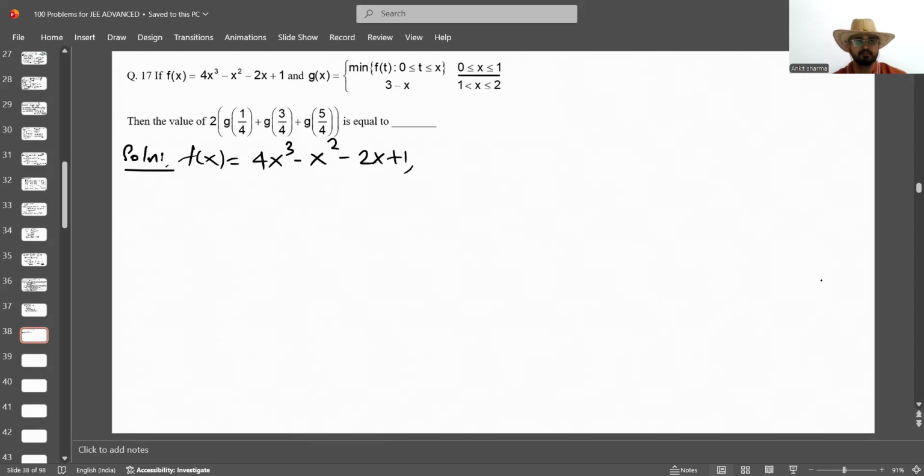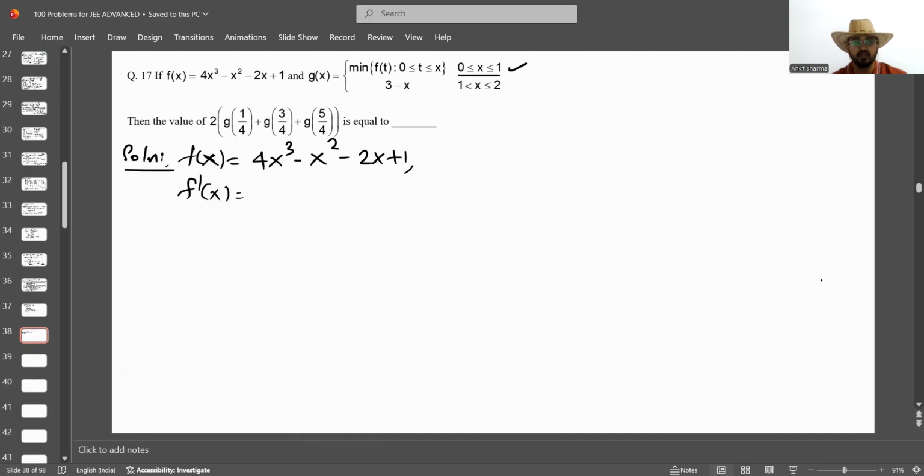So basically, I need the behavior of this f of x in this interval. So we have to see the minimum of this function, the point where the minimum occurs, whether it lies in this domain. If it is lying in this domain, then we will go ahead. If it is not lying, then we directly have the minimum function itself here. So let's go and find out.